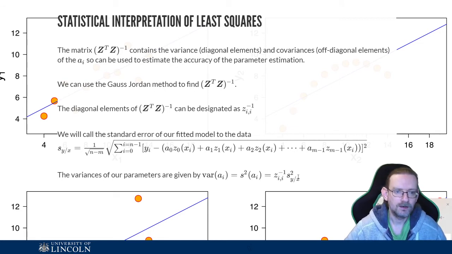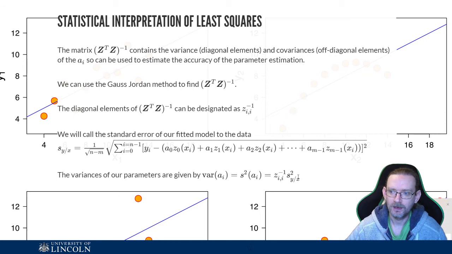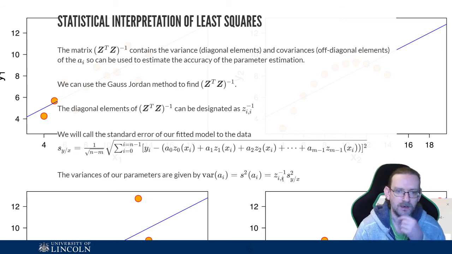There's lots of stuff in the literature about where this comes from. If people are interested, we can dive into where that comes from. But for now, this is just a formula that you can work through that can give you error bars on your parameters in the fit.